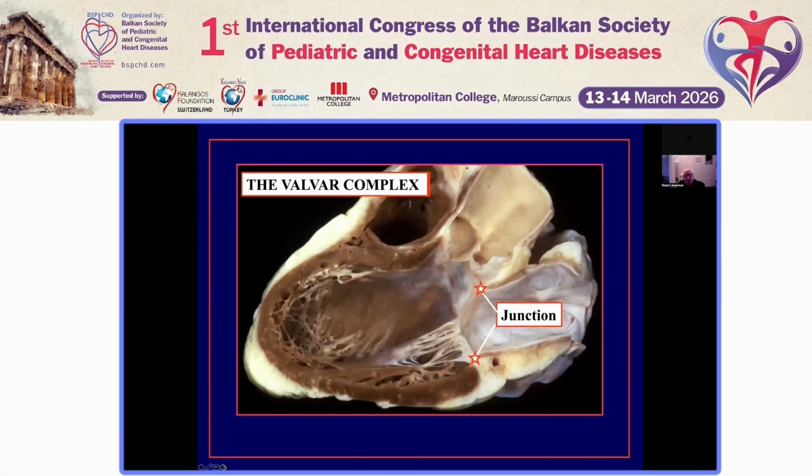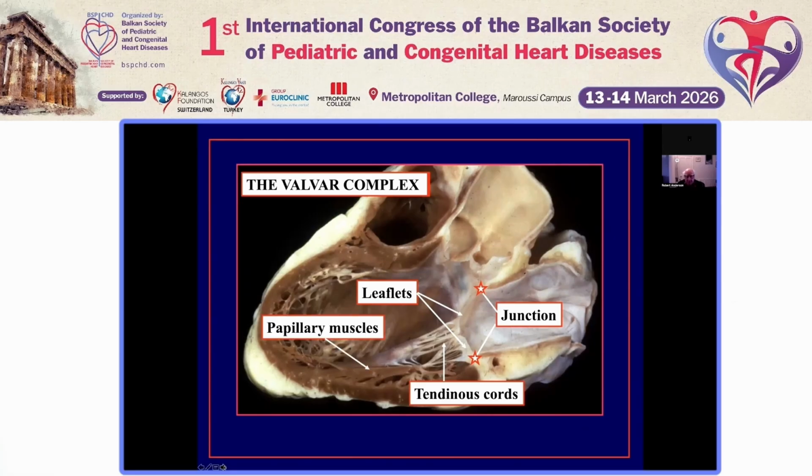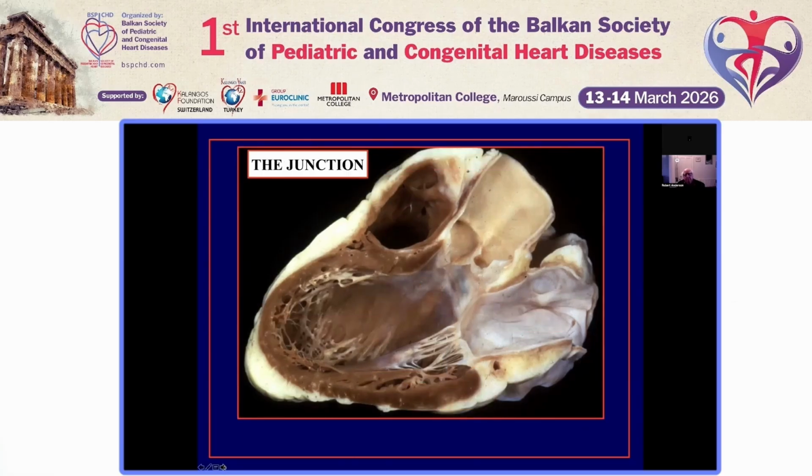There we see the junction supporting the leaflets, in turn supported by the tendinous cords, the papillary muscles, and then the papillary muscles themselves cushioned by the trabeculations which attach them to the ventricular wall. So let's look at each of these components in turn.